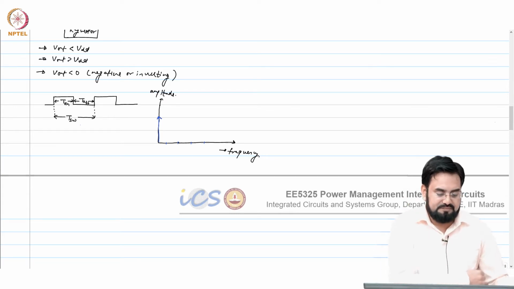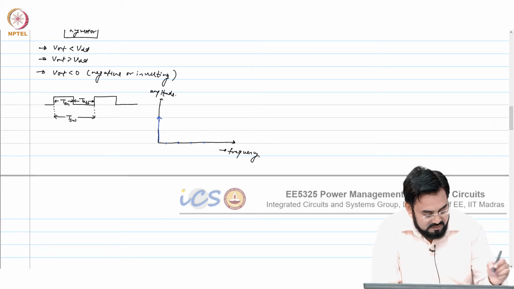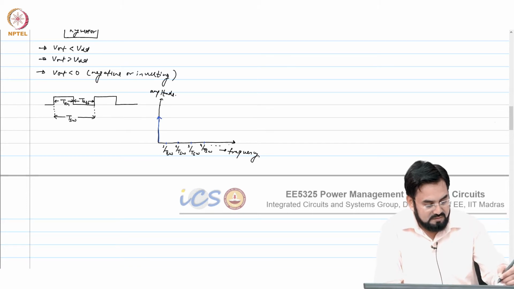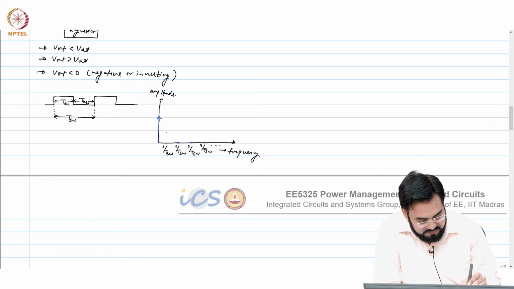So your 1 over TSW, then and so on. So which one will be the significant? DC will be, and the rest of the harmonics will have a smaller component.